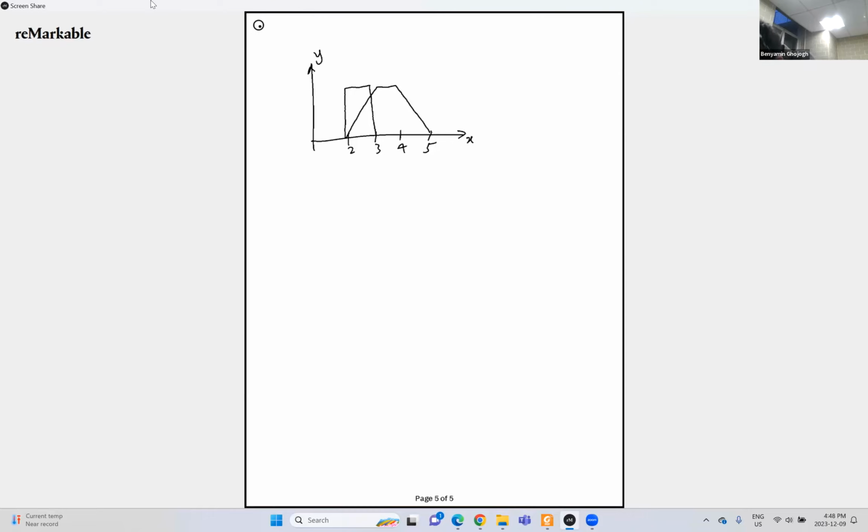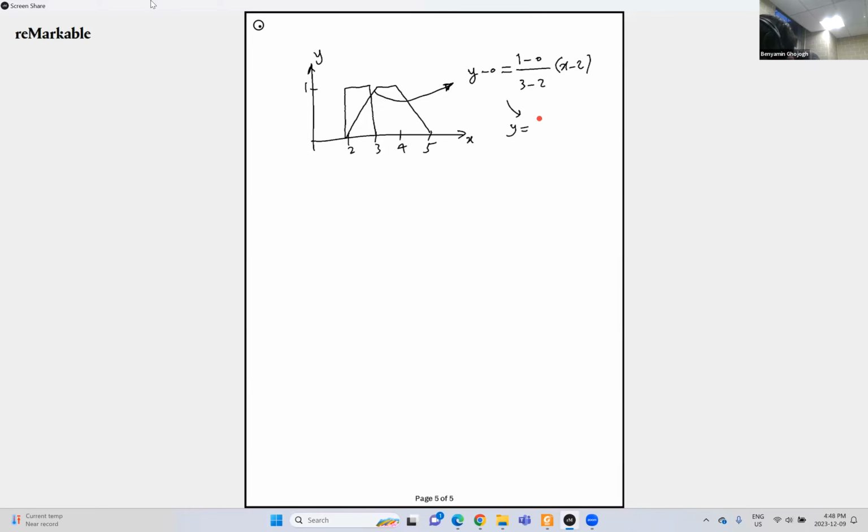So what is the equation of this line? Let's calculate. Y minus 0 equals the slope times x minus 2. What is the slope? 1 minus 0 over 3 minus 2.